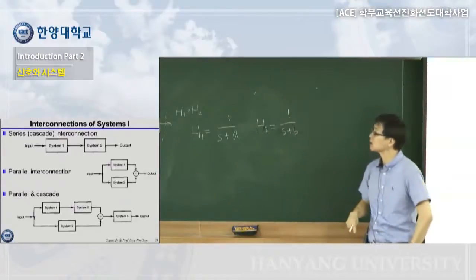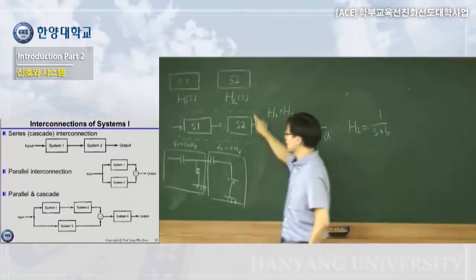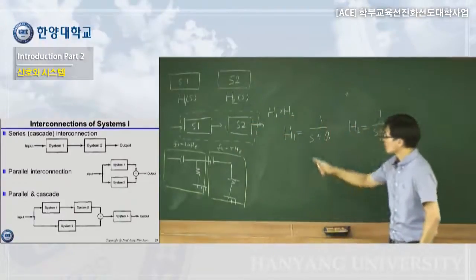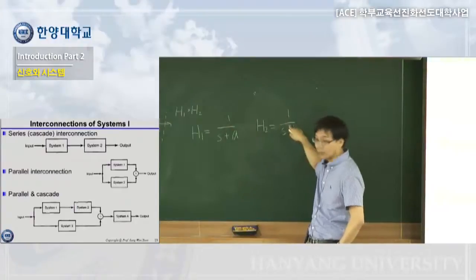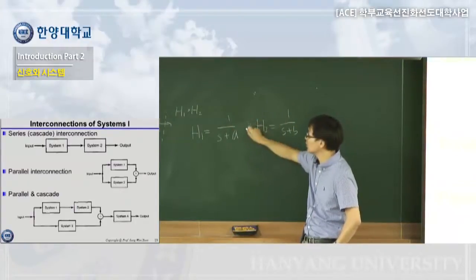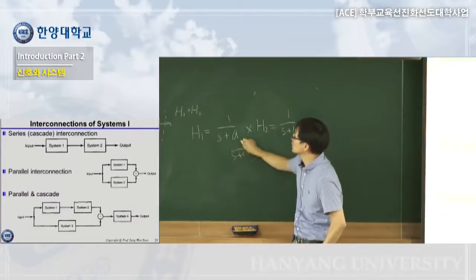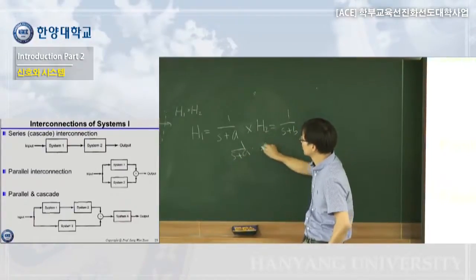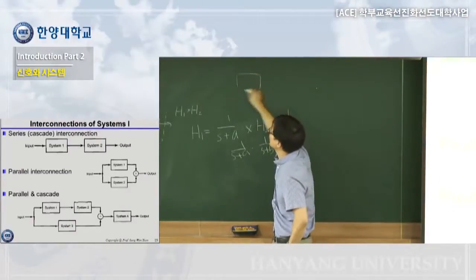If they are cascaded like this, the input comes to here, and then the output of this one becomes the input over here. So they should be multiplied. So the total transfer function will look like this.